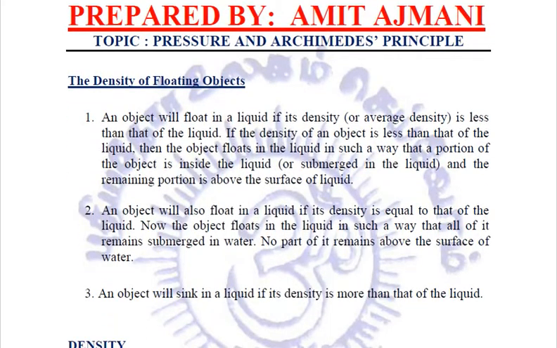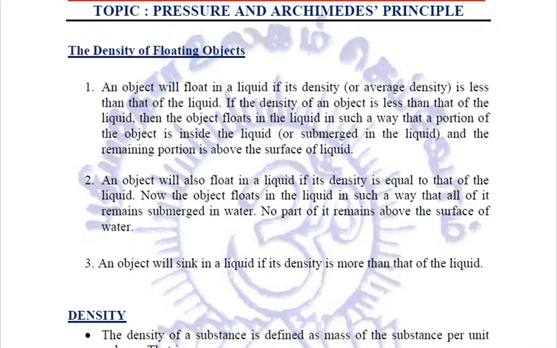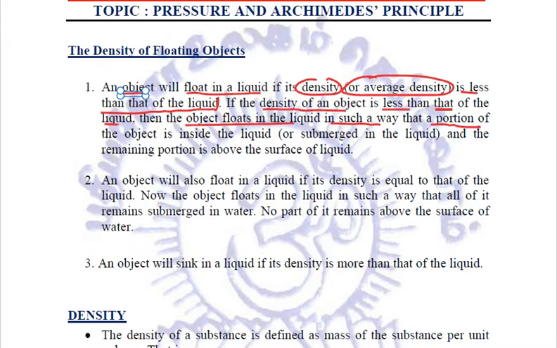Now let us try to relate the density of floating objects. An object will float in a liquid if its density or the average density is less than that of the liquid. If the density of an object is less than that of the liquid, then this object is going to float in such a way that a portion of the object is inside the liquid, or we can say it is submerged in the liquid, and the remaining portion is above the surface of the liquid.